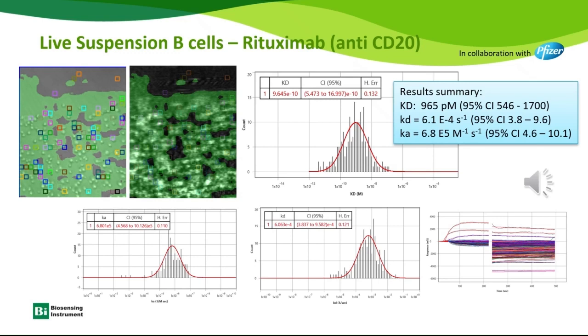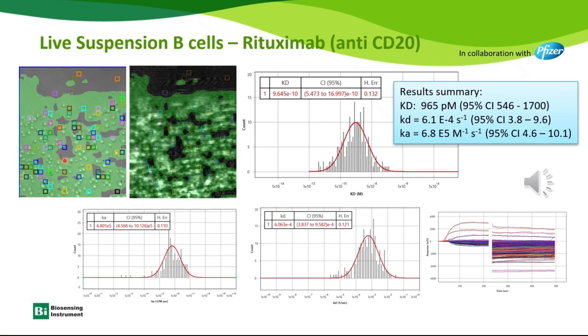This example here shows the binding between rituximab and the live suspension B cell. Rituximab is the first antibody approved by the FDA for treating cancer cells.